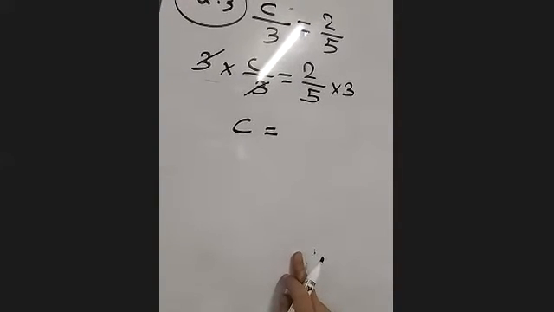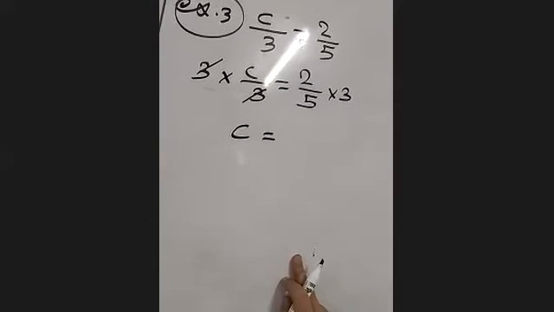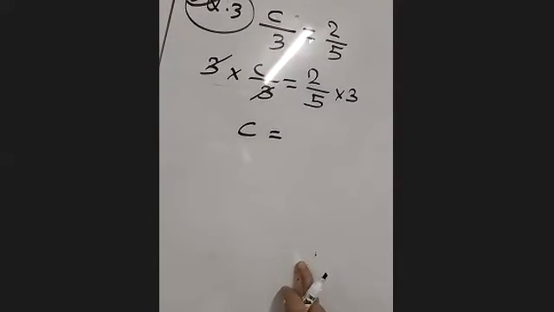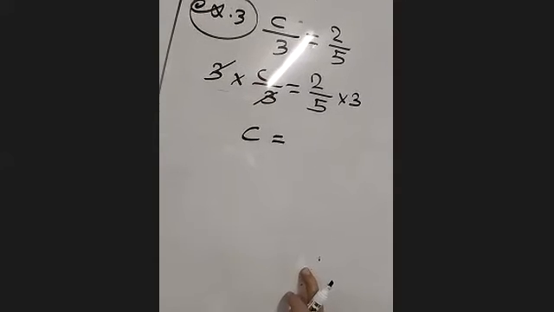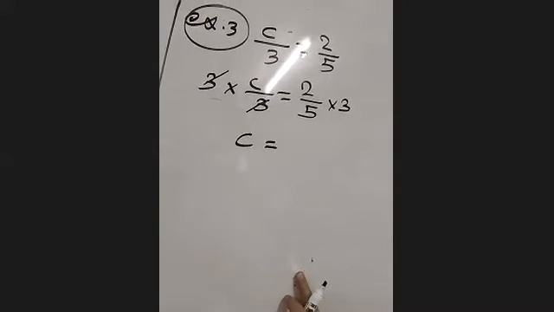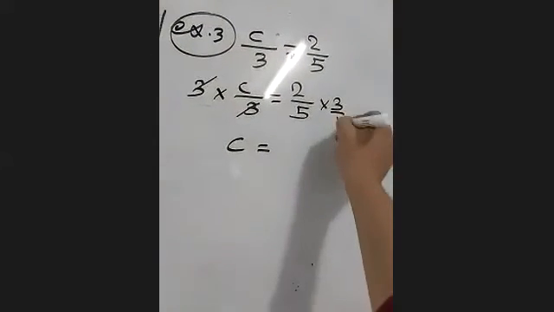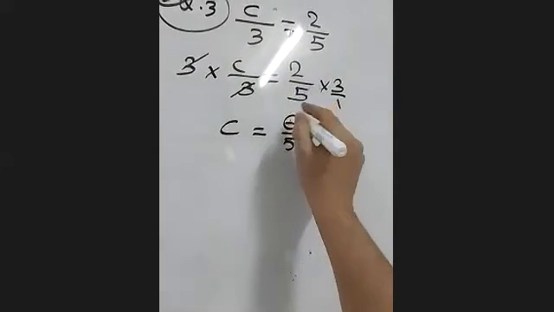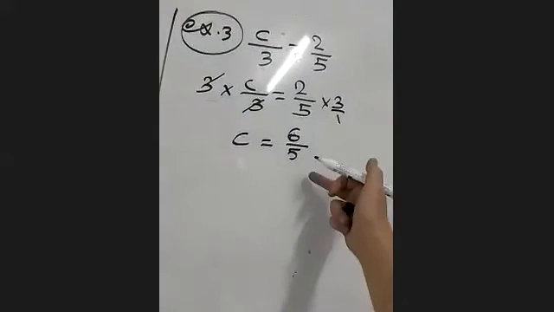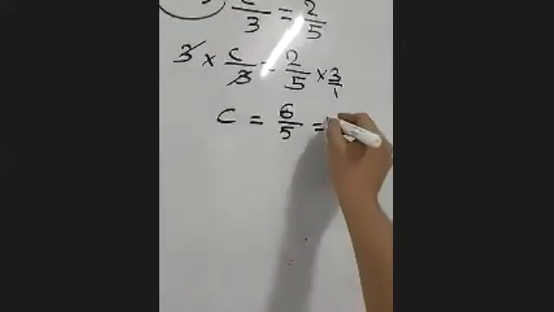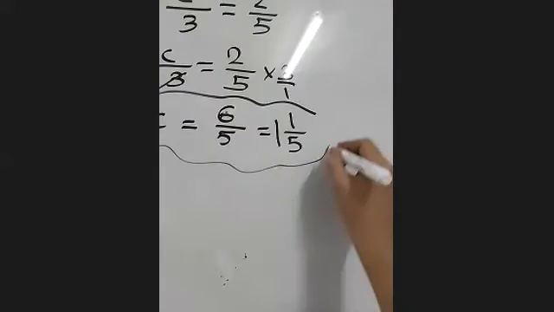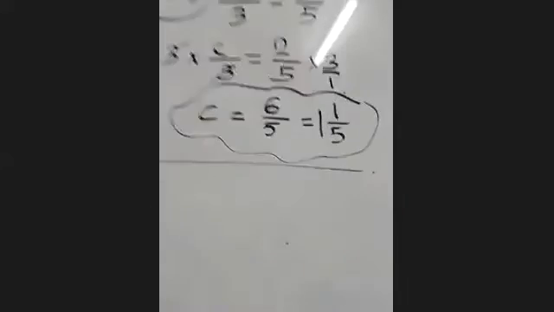Just a second. One and 1 over 5. Excellent. This is over 1 multiply, it will be 6 over 5 first, right? Then because the top is more than the bottom, by long division, it will be 1 and 1 over 5. This is the value of c. Got it? Good boy.